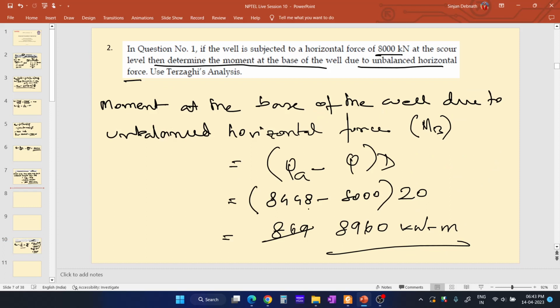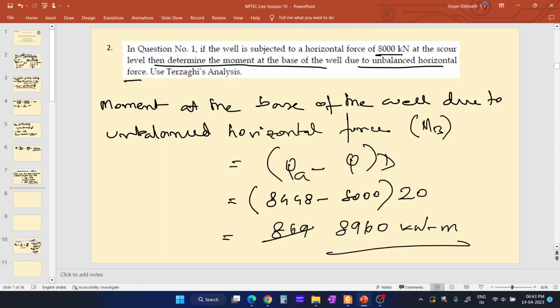Allowable load is 8448, and the current horizontal load that is acting is 8,000. So QA minus Q into D, that is the depth below the scour depth, embedded depth of the pile below the scour depth, which is 20. If you calculate this, you will get the value of moment, which is 8960 kilonewton meter.